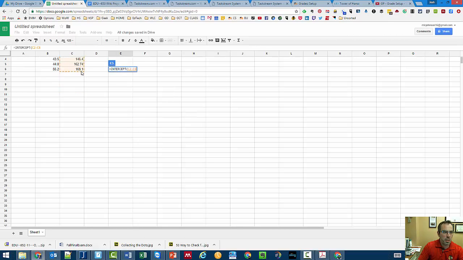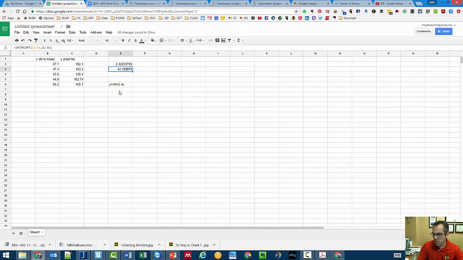Again, y data, comma, x data. And so that seems to tell me that my slope is going to be, y is going to equal 44 plus 2.4x. That's basically slope and intercept.